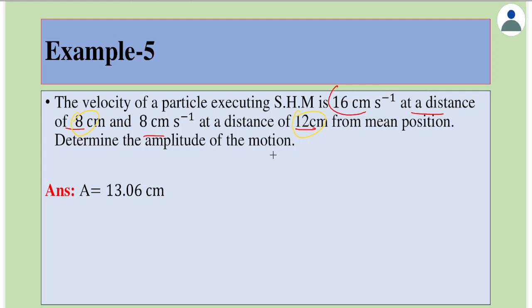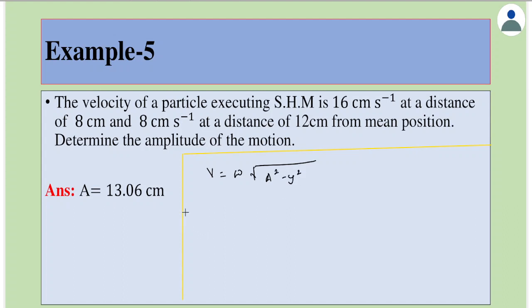So we need to find the amplitude in this case. Recall the formula for velocity at any point of time. The velocity V is given as omega into under root of a square minus y square.